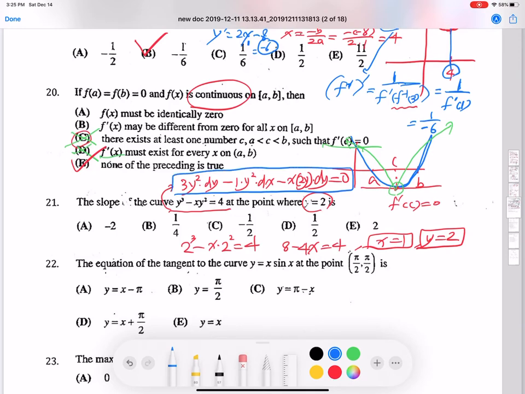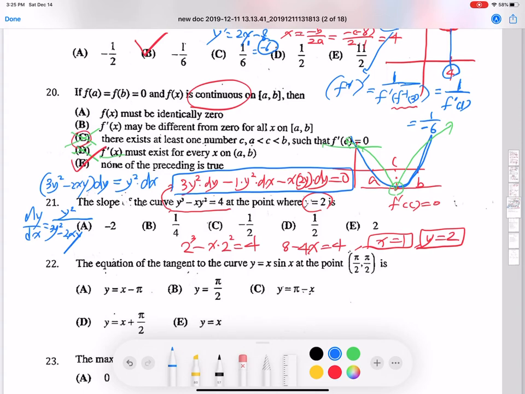There are two dy terms, so I gather the dy terms together: 3y squared minus 2xy, times dy, is equal to y squared dx. So dy over dx is equal to y squared over 3y squared minus 2xy.